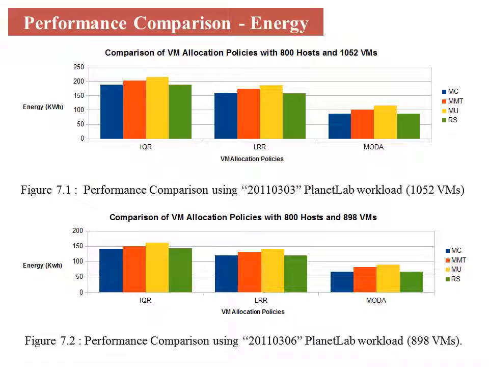And finally, I want to show you this graphical representation of the MODA technique in comparison with the IQR and LRR techniques. From the comparative table, we have plotted the graph here showing that MODA, in terms of energy, number of VM migrations and other parameters, outperforms the IQR and LRR techniques by a stupendous difference, as well as the VM selection policies, namely MC, MMT, MU and RS, being plotted, and the different colors represent the different VM allocation policies.